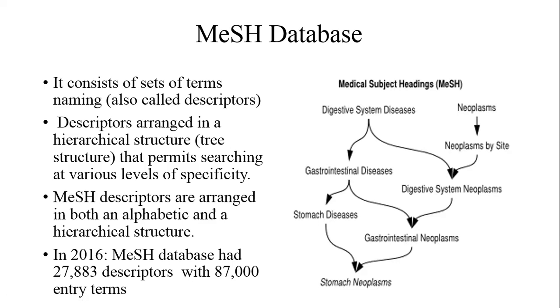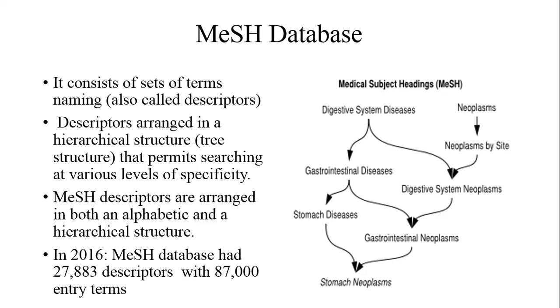Okay, so you can allow searching in PubMed at a broader sense, as well as allow the searches to happen on a very specific scale. So in this way these MeSH descriptors are arranged in both alphabetic as well as hierarchical structure.